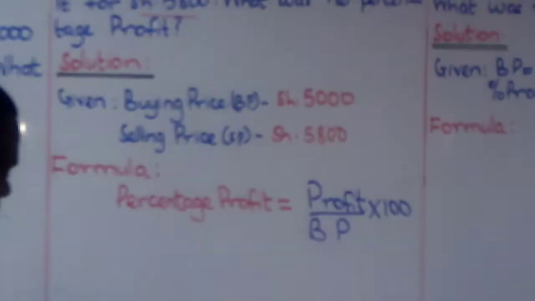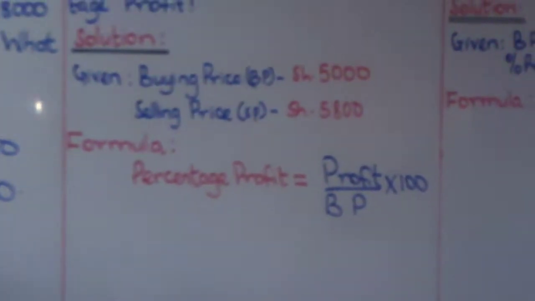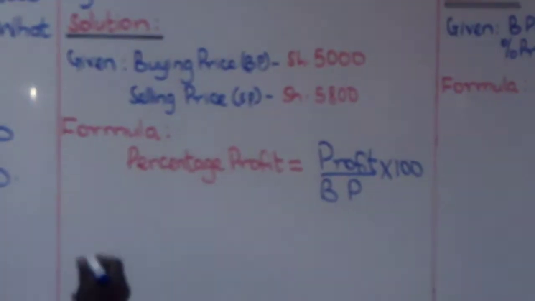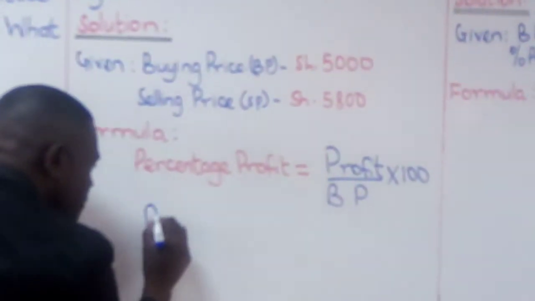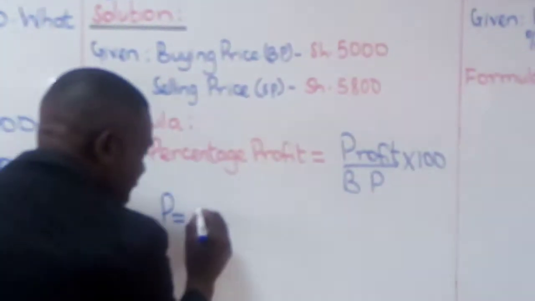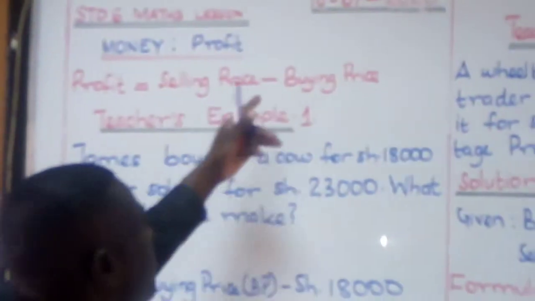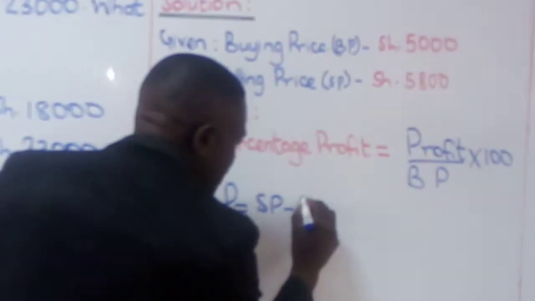Now look at that, boys and girls. Do we have profit? We don't have profit. And so we must find profit first. Profit P is equal to selling price minus buying price, so SP minus BP.